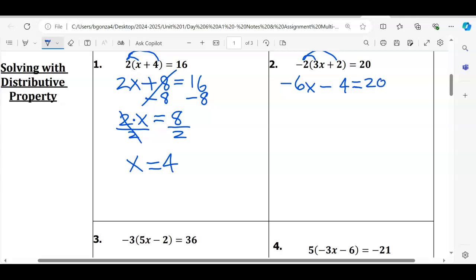It equals 20. And now we should be able to solve a two-step equation. We get rid of the loner, minus 4, by doing the opposite, plus 4. And on the other side, plus 4. So the negative 4 and positive 4 cancel out. Bring down negative 6x equals, and then 20 plus 4 is 24.